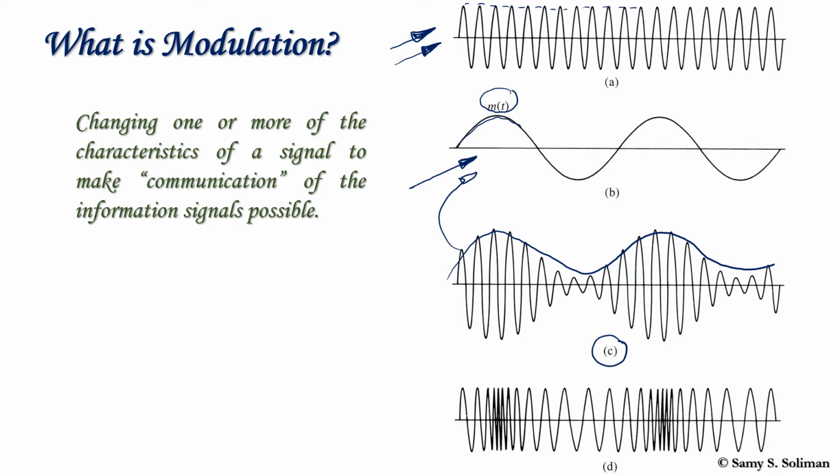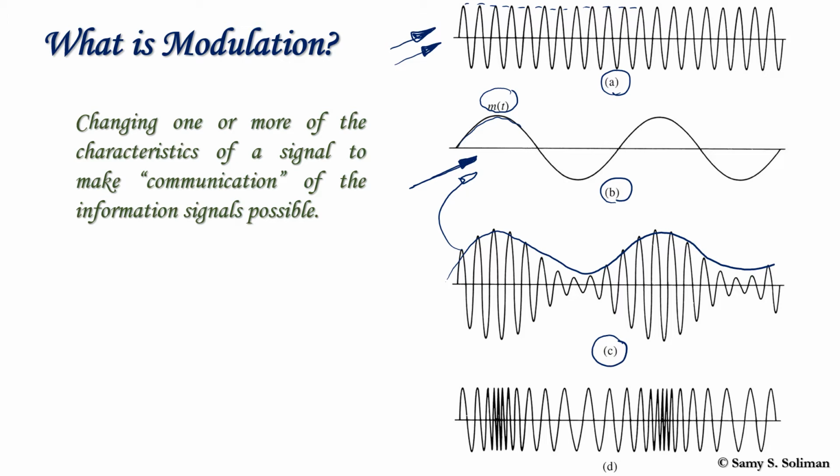So we changed one of the characteristics of the signal in figure A, this is what we call a carrier signal, in proportion to the information signal m of t, and the purpose is to make the communication of the information signal m of t more possible.